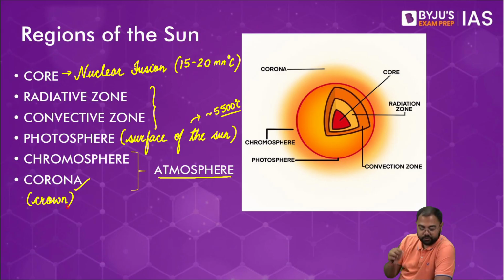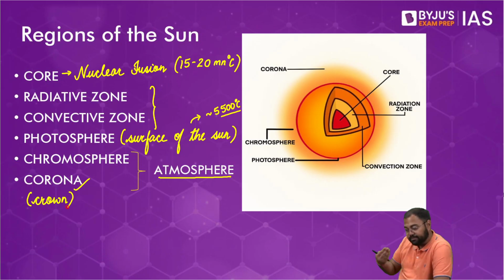So now what happens is that if we are in the atmosphere of the sun, it simply means that we have come far across from the core of the sun. So temperature should have decreased even further, because from 15 to 20 million degrees Celsius, the temperature has dropped to almost 5000 degrees Celsius by the time we have come to the surface of the sun, that is photosphere.